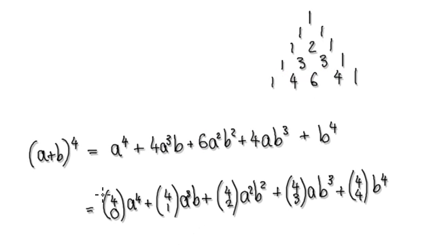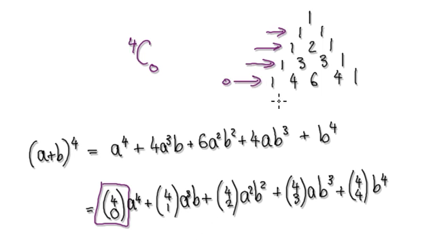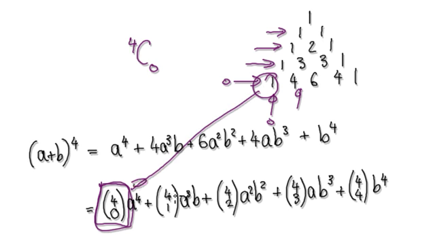And then there's a button on your calculator that allows you to do 4 choose 0, which will be 1, and then 4 choose 1, 2, 3, 4. So you've seen this before. Punching this into a calculator will give you this.